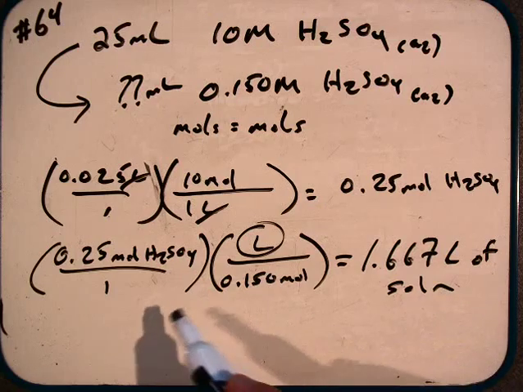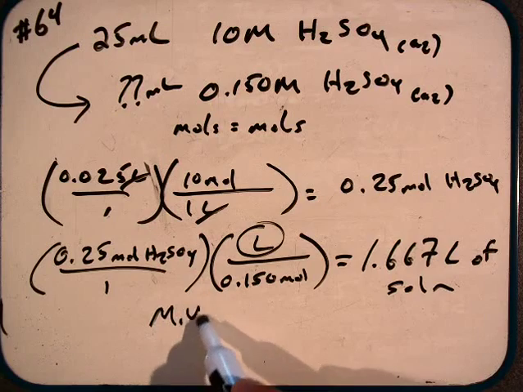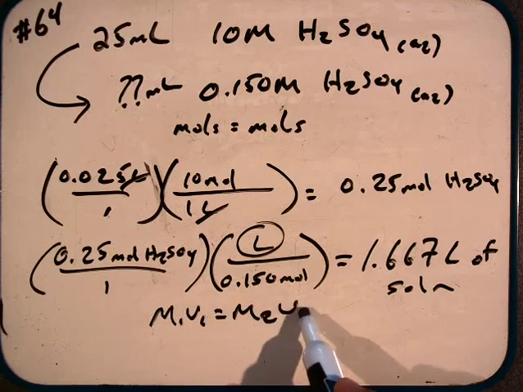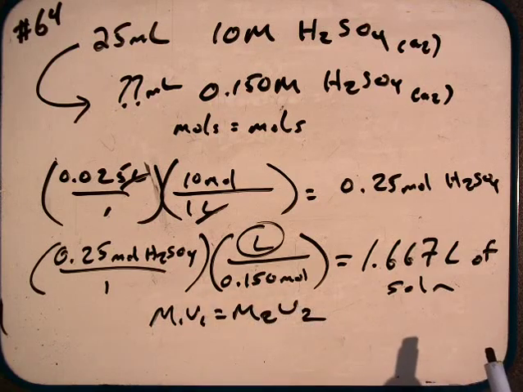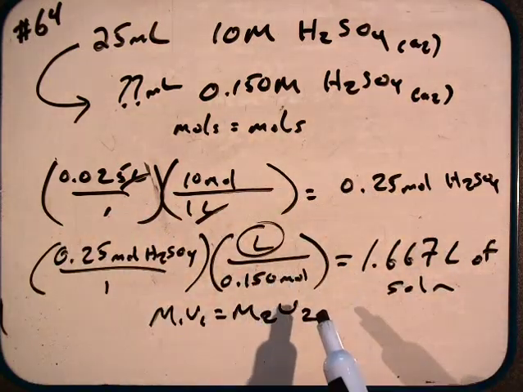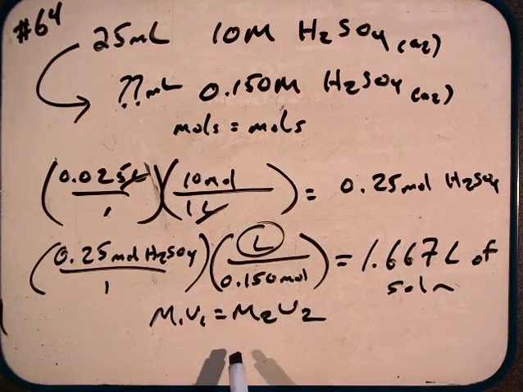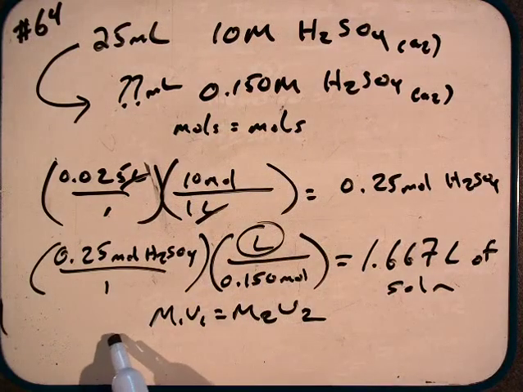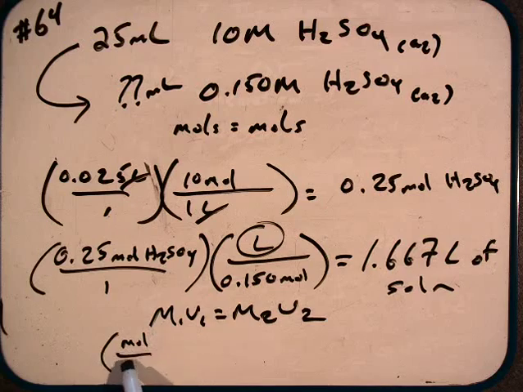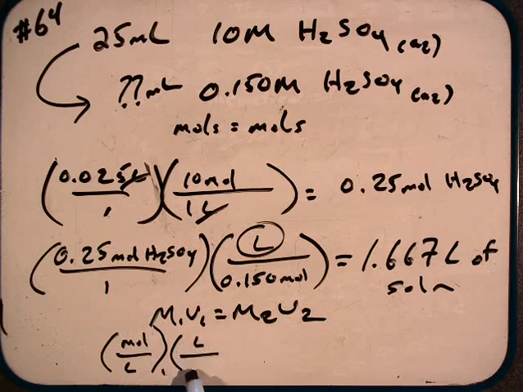Another way for you guys to think about this is M1V1 equals M2V2. It's really what I'm doing here, because it is essentially telling you the same thing, that moles has to equal moles. Because if we look at our values, M1V1 would be moles per liter 1 times liters 1.